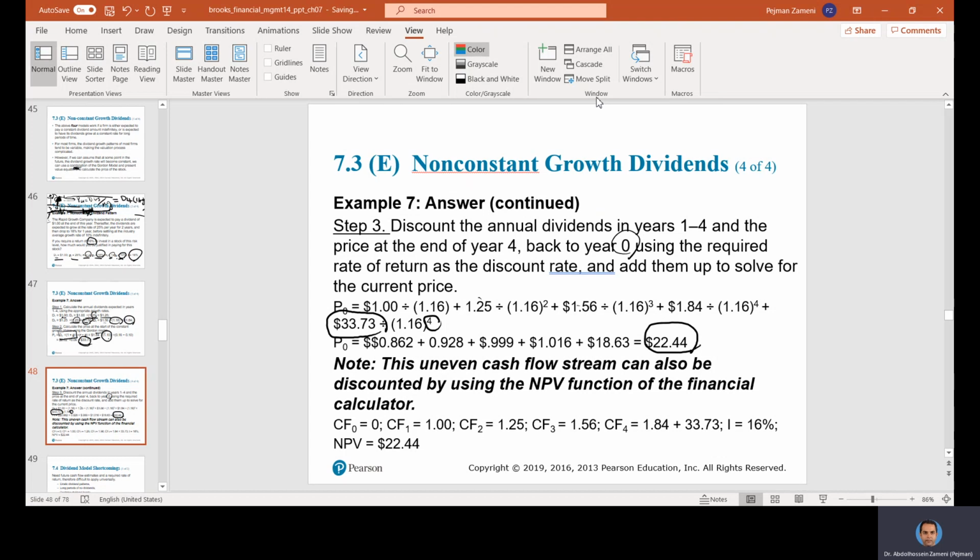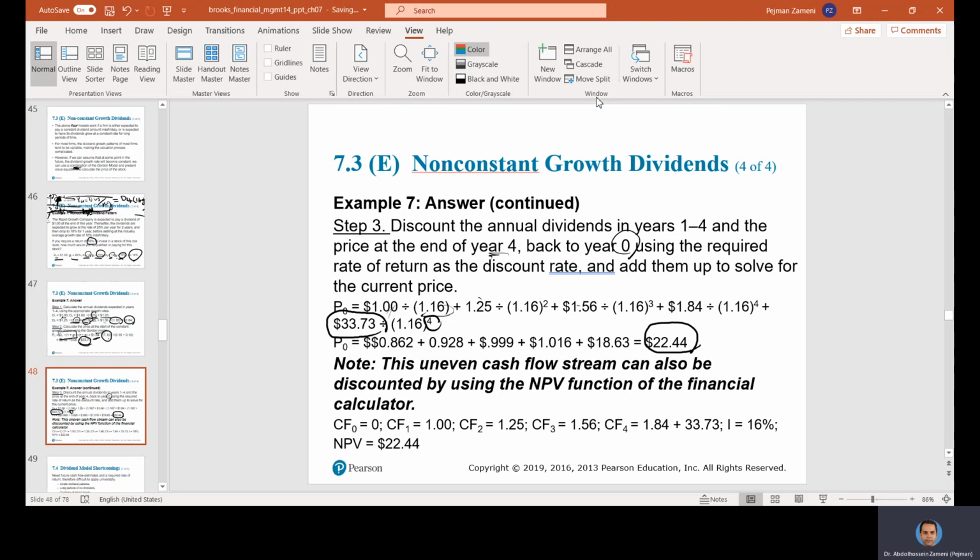Step 3. Discount the annual dividends in years 1 to 4 and the price at the end of year 4, P4, back to year 0 using the required rate of return as the discount rate, and add them to solve for the current price. See, D1 divided by 1.16 plus 1.25 divided by 1.16 to the power of 2.